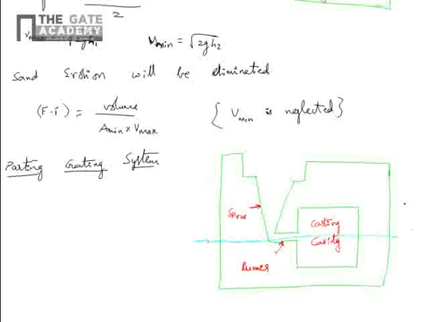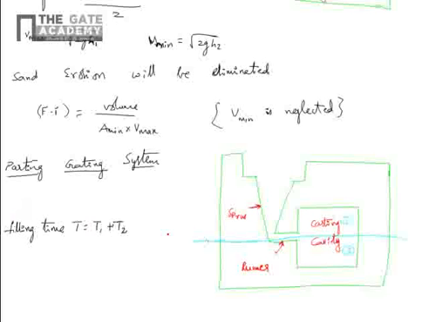If you draw a line like this, consider this one as a bottom gating system and this two as a top gating system. Here the pouring time or filling time of the casting is T equals T1 plus T2.